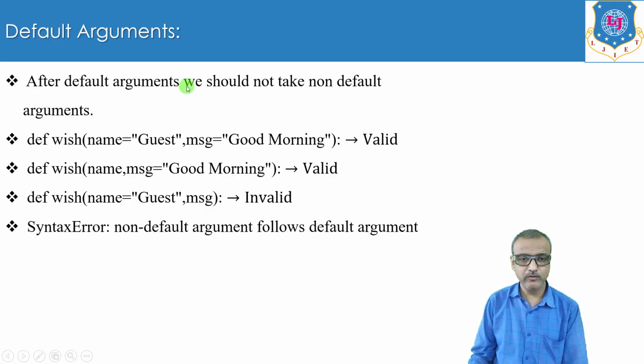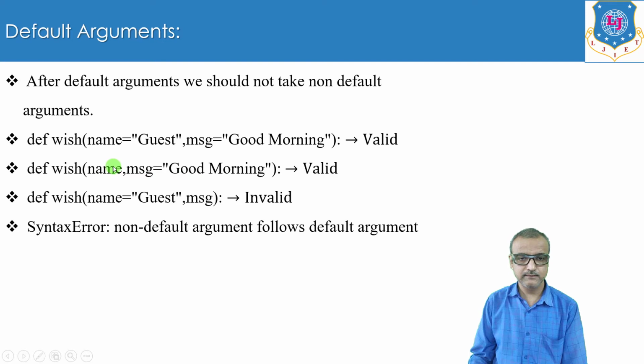After default arguments, we should not take non-default arguments. For example, def wish name equals to guest, message equals to good morning. So these two are default arguments, so this is a valid one. Def wish name comma message equals to good morning.